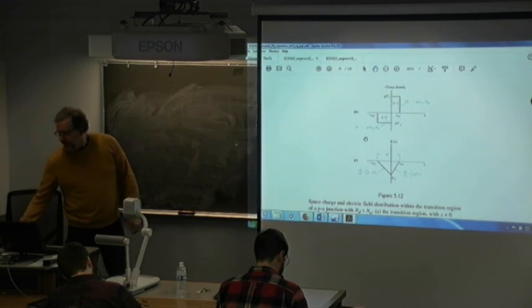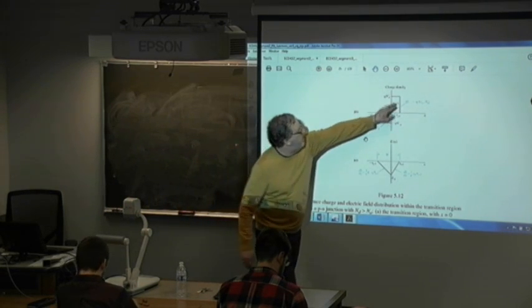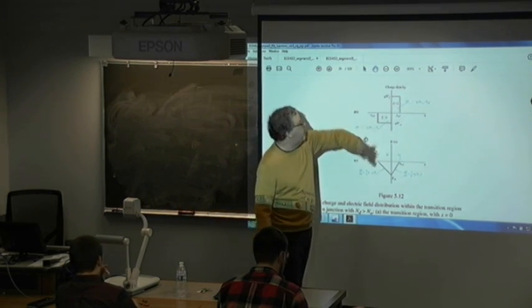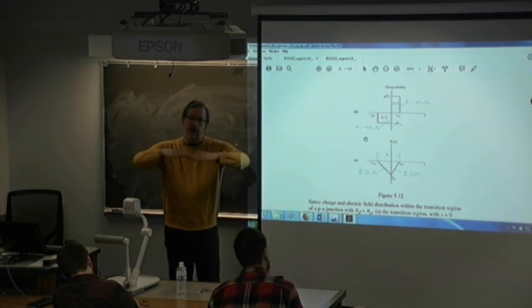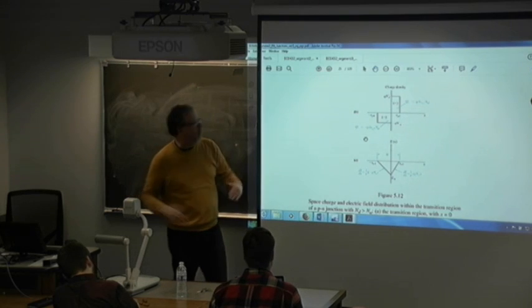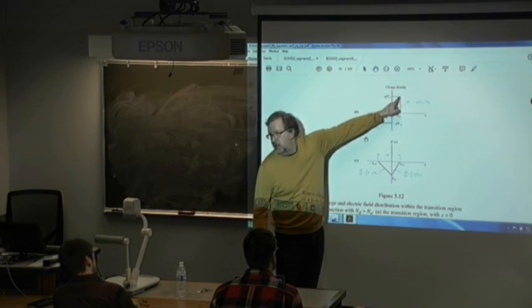So as they diffuse across, they create this dipole, so we get a slab of charge on either side. And because the doping is constant throughout either side, is what we're assuming, this concentration is constant.